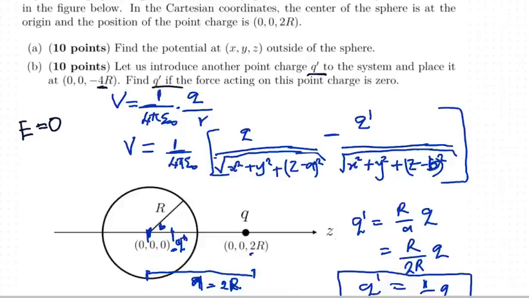Find the q prime if the force on this point charge is 0. We should keep in mind the force on this point charge is 0.